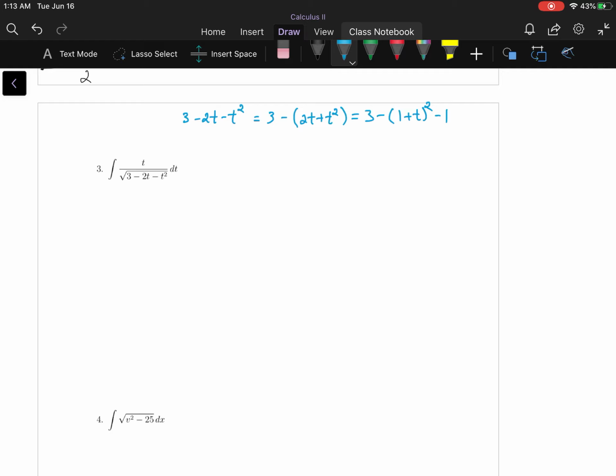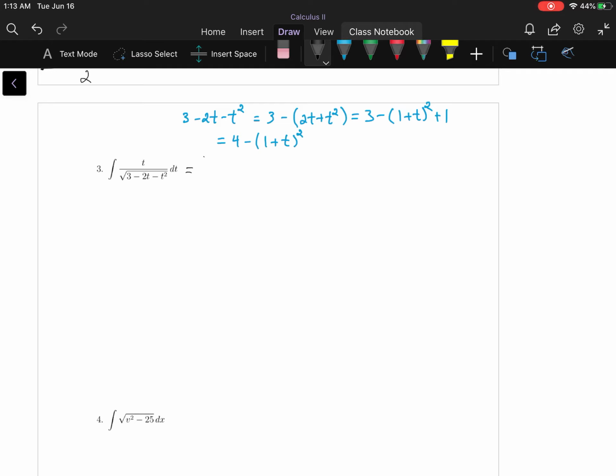But notice that after I distribute the negative sign out front, that's going to give me a negative 1. So to have that negative 1 disappear, this is actually going to have to be negated. And so that means that it becomes 4 minus 1 plus t quantity squared. So this is what I'm going to work from.